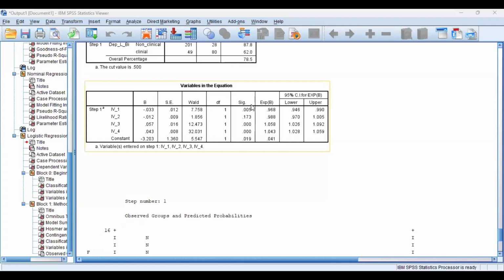For example, the significance that you have here is not directly for B, it's for the Wald statistic that is associated with B. So rather than reporting that B is significant, you should report B, Wald and then significance.